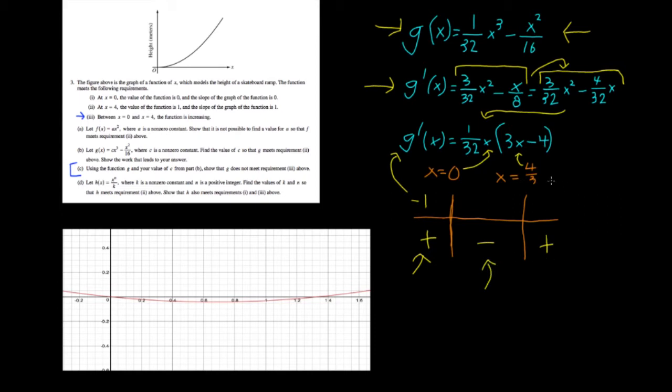and we can plug in 2, so 6 minus 4 is 2, a positive number, and 1 over 32 times 2 is also a positive number. So you can see that the function g prime of x is negative between x is equal to 0 and x is equal to 4 over 3.